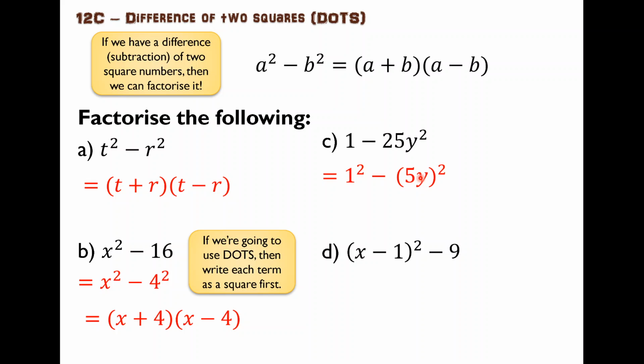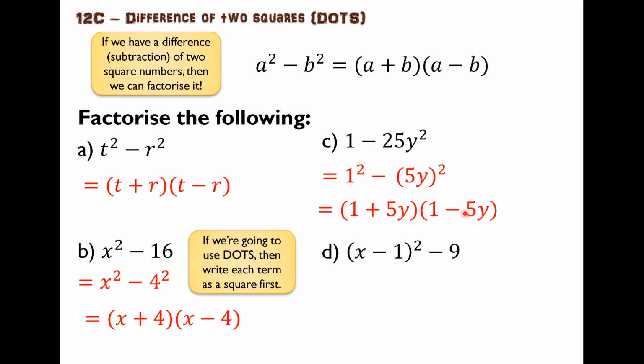Anyway, now I've written it and it matches the pattern. The first thing squared, our a, is the 1, and the second thing is 5y. So I've got 1 plus 5y, 1 take 5y, following the pattern. First thing plus second, first thing take second.